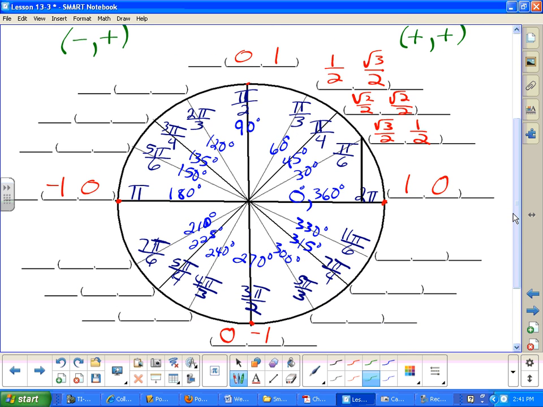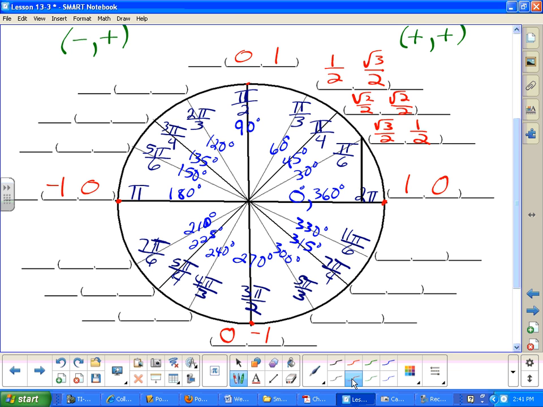So when we look at the 30-degree angle here, if we take this and reflect it over here, then these numbers are all going to stay the same, except x is going to be negative and y is going to be positive.